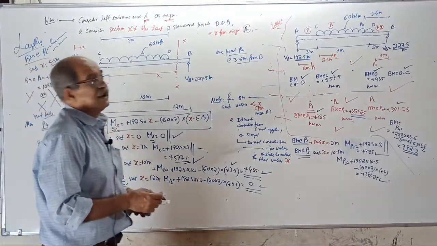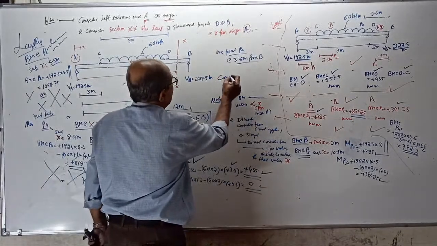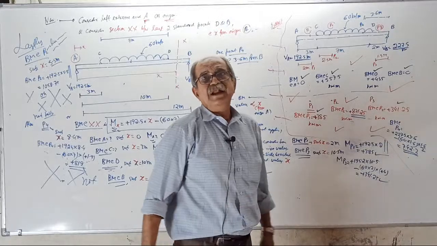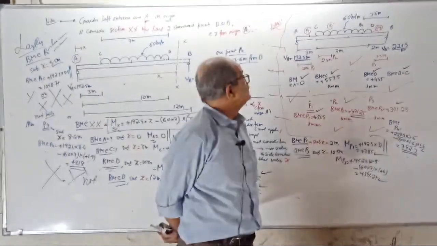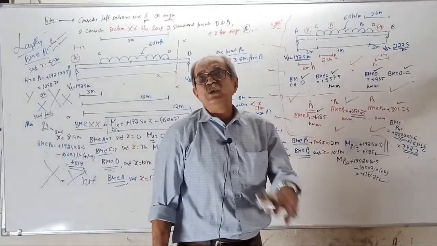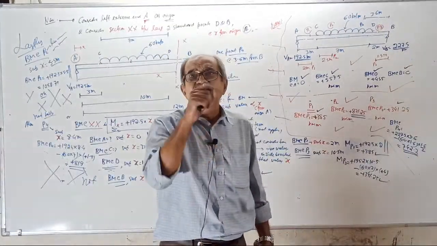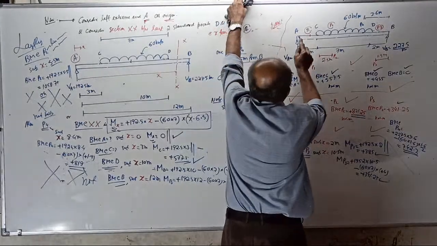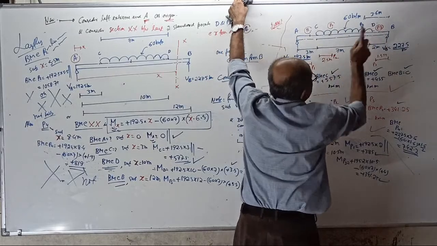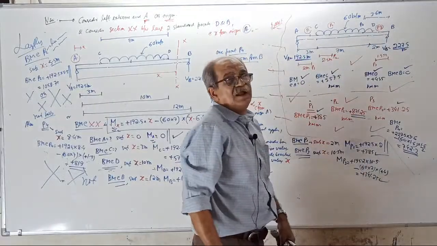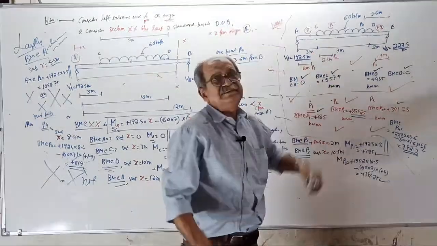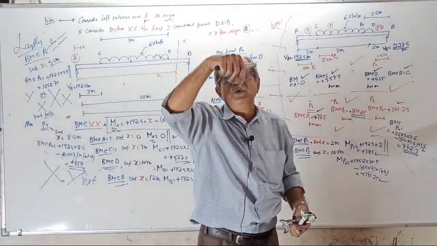Conclusion, right here. Bending moment will tally at all the standard points. And if the point lies where UDL is not there, it tallies. See, it tallied at A, at B, at C, at D, P1, P3. But it will not tally with the correct answer if the point lies somewhere inside the UDL.